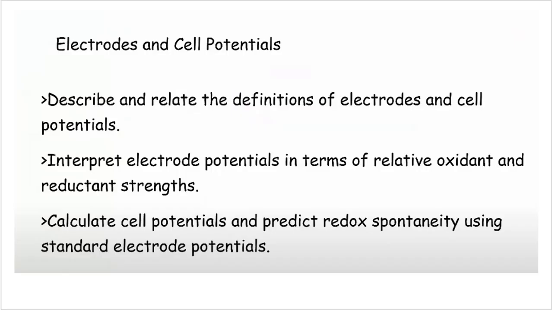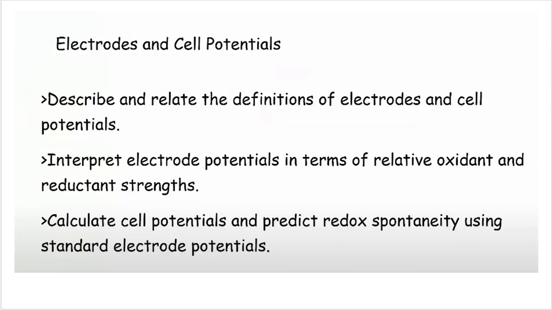All right, moving on. Electrodes and cell potentials. This next part, we're going to be able to describe and relate the definitions of electrodes and cell potentials, interpret electrode potentials in terms of relative oxidant and reductant strengths, and then calculate cell potentials and predict redox spontaneity using standard electrode potentials.